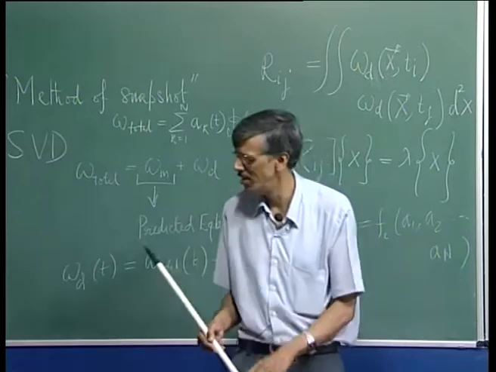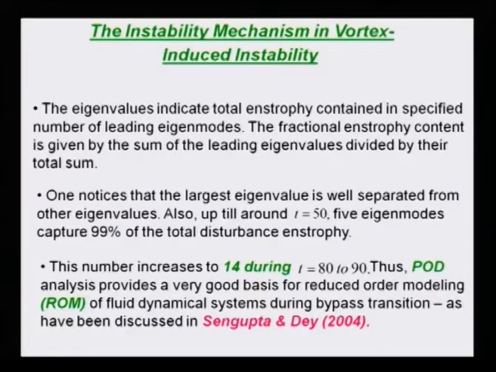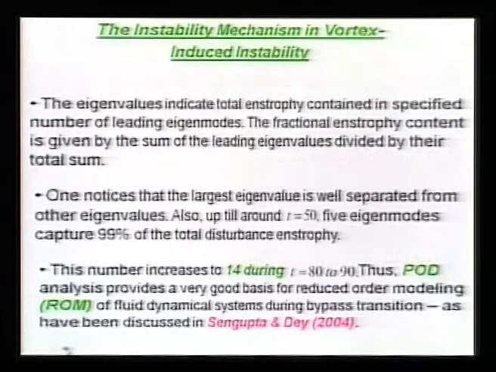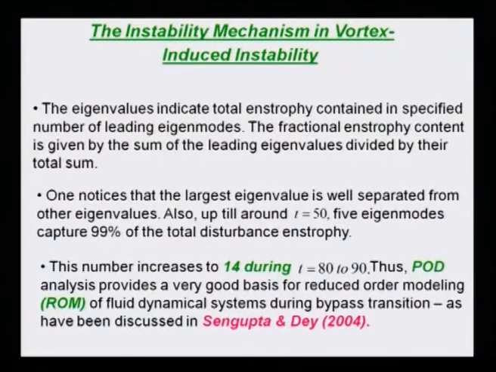This is something that we can say with some amount of conviction: a new portrait is emerging by using POD in studying nonlinear instabilities. Okay, so what we are now going to do is talk about another example where vortex induced instability comes into the picture.